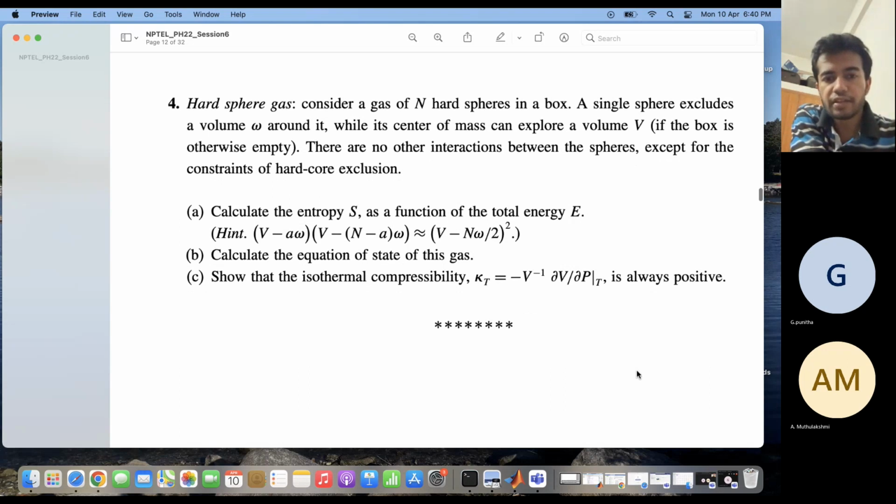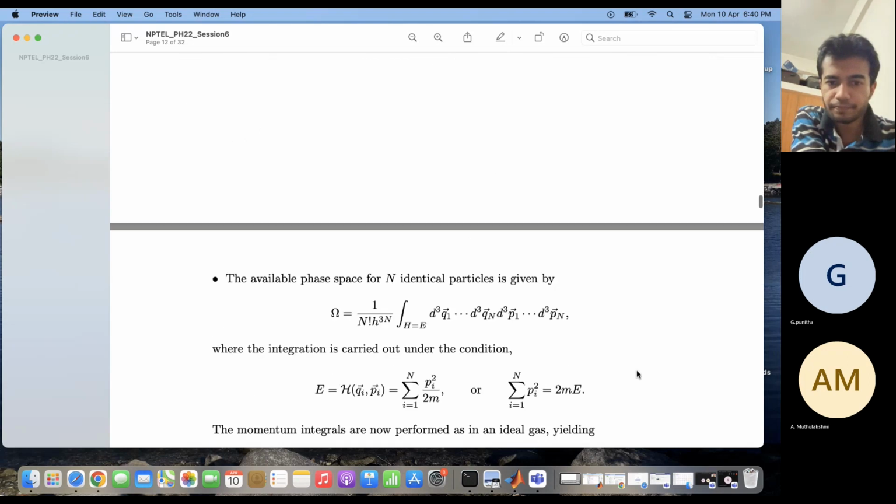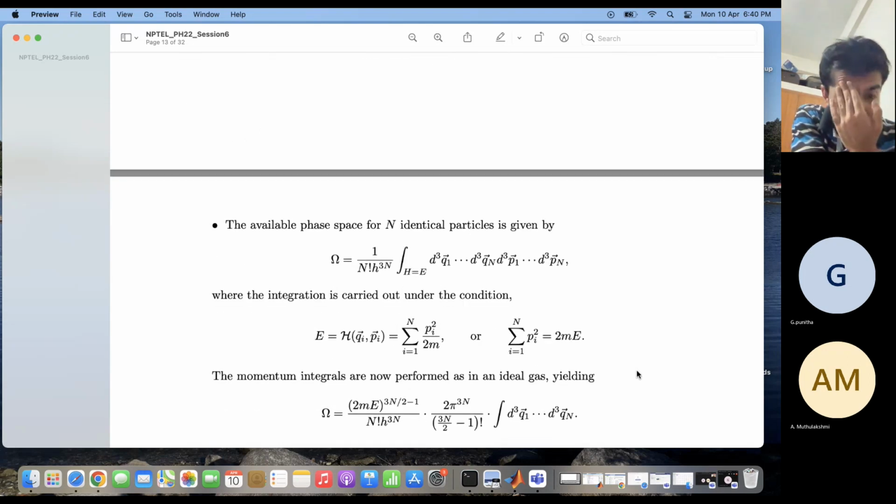Now you have to calculate the entropy as a function of total energy. The available phase space volume for N identical hard particles is given by 1 by N factorial h to the power 3N, into the integral over the constant energy surface, over the position coordinates and the momentum coordinates.